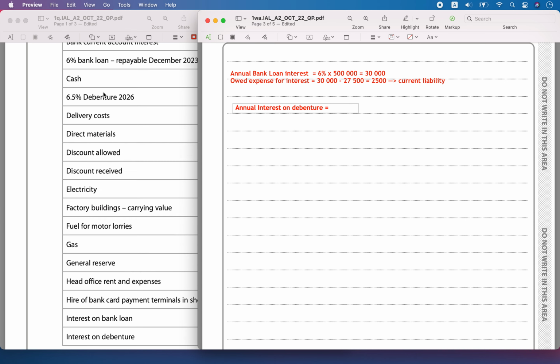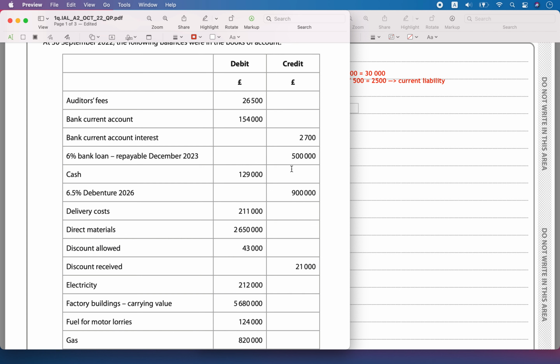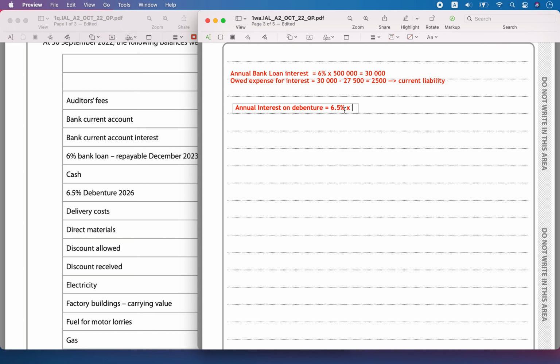That is going to be equal to 6.5% of the loan given, 6.5% of 900,000, which is equal to 58,500.